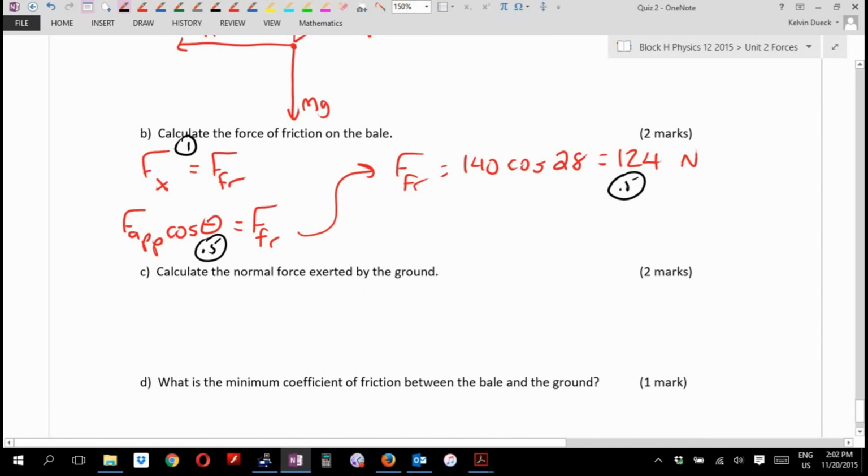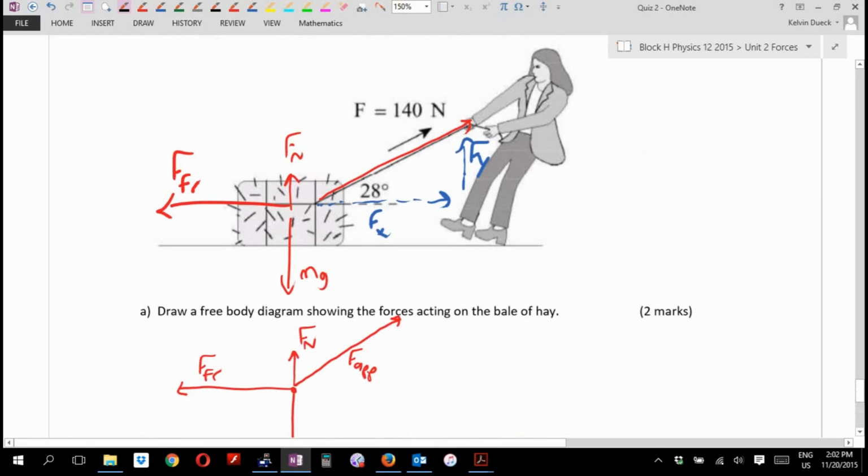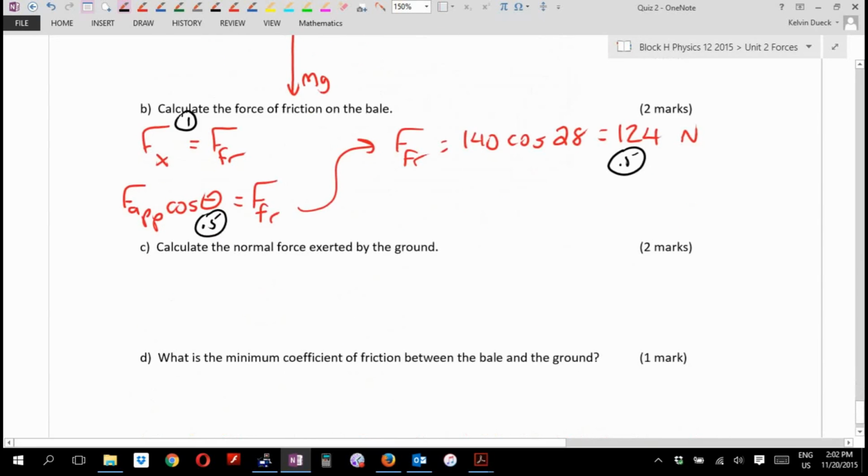Part C says calculate the normal force. I don't know the normal force. But I know a bunch of other forces that I can use to figure out the normal force. Everything straight up equals everything straight down, right? So gravity equals normal force plus Fy. Or normal force equals gravity take away Fy.